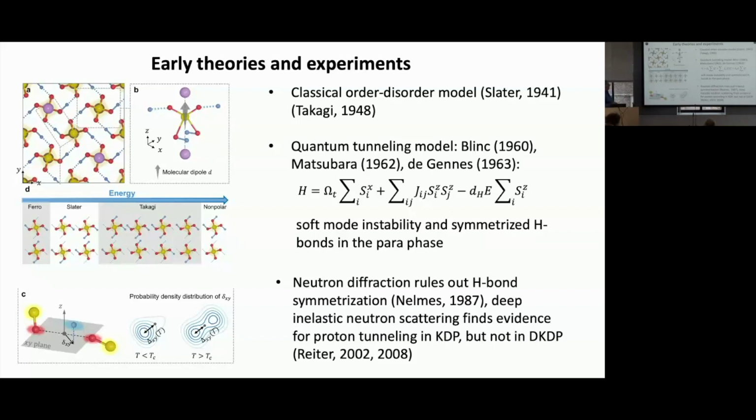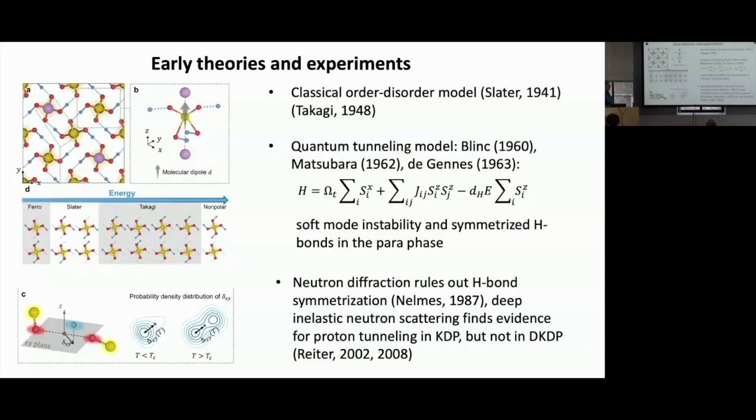Now, the classical order-disorder model could not explain the isotope effect, and so people used the quantum tunneling model, which can be represented by a variation of the Ising in transverse field model.